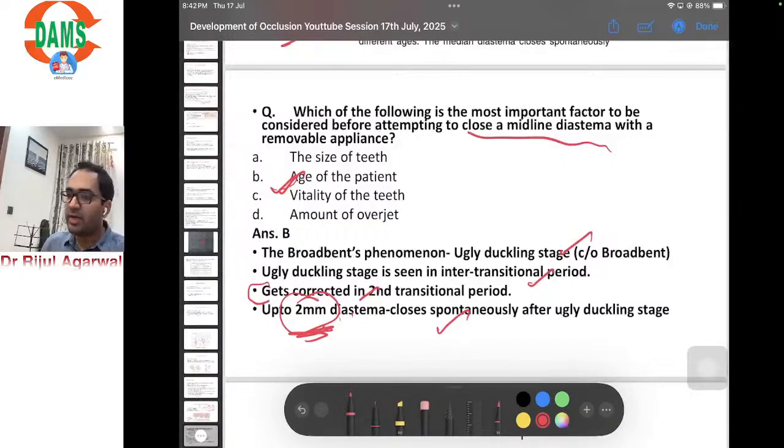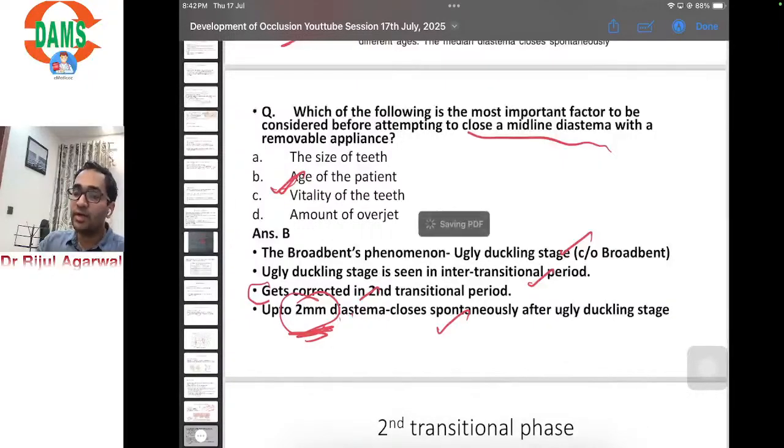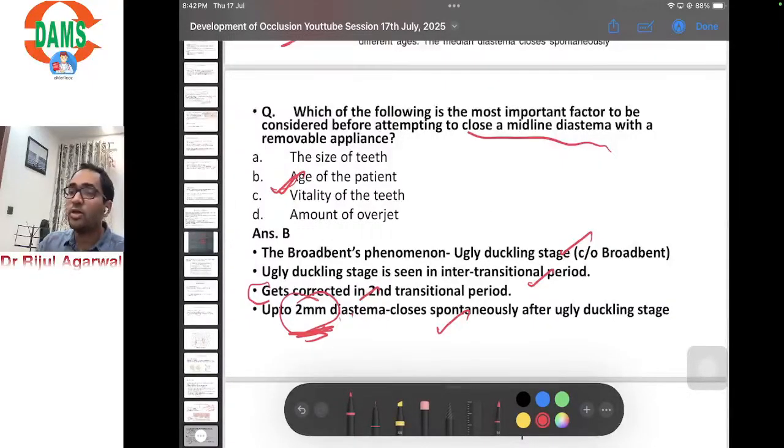In no way am I telling you that above 2 mm you will start to intervene, do a frenectomy, start a removable appliance or fixed appliance therapy. No, you won't do that. You will wait for the permanent canines to erupt, and only then think about some kind of intervention, not before that. Why?